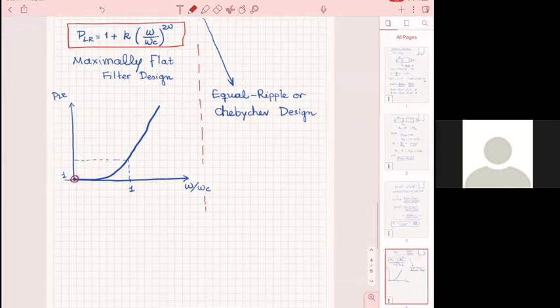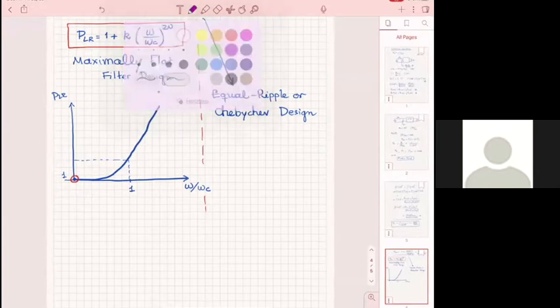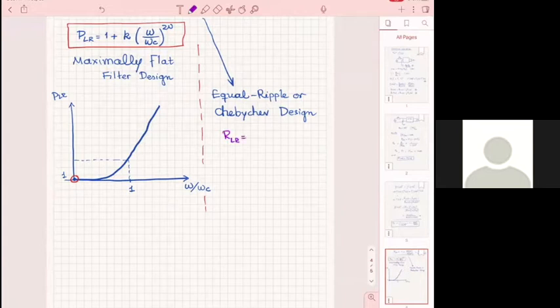Then they developed this other, what they call the equal ripple or Chebyshev design. For this particular case, PLR equals 1 again plus a constant k squared, and then instead of the ratio omega over omega c to the 2n, they give a Chebyshev polynomial to the second power.